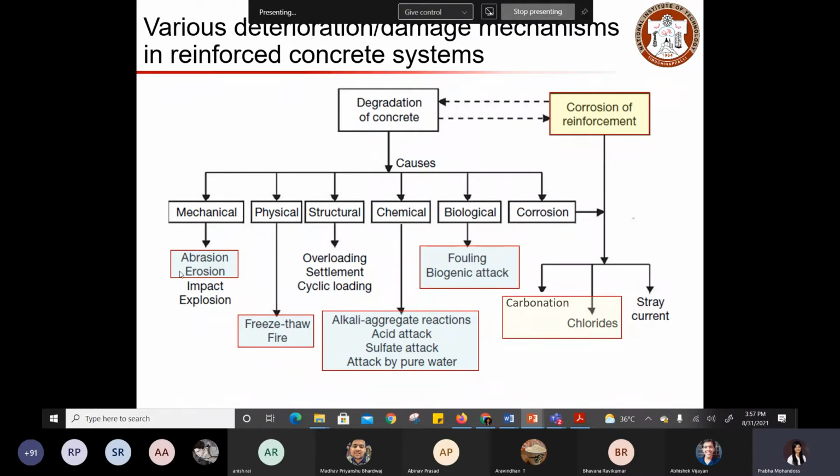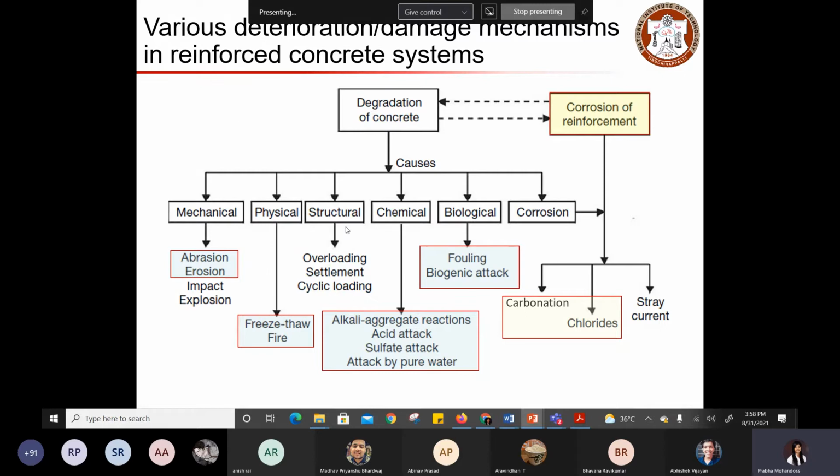And mechanical degradation is when your concrete is subjected to abrasion, erosion, impact and explosion, so those would result in degrading your concrete. Those come under mechanical degradation.